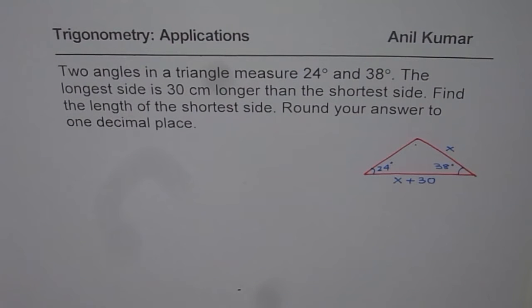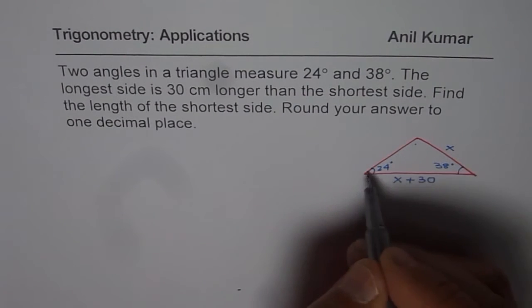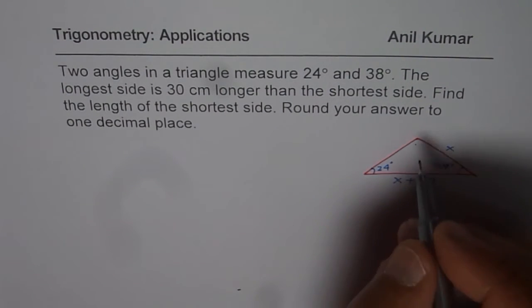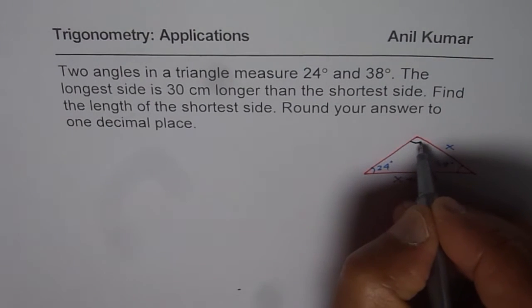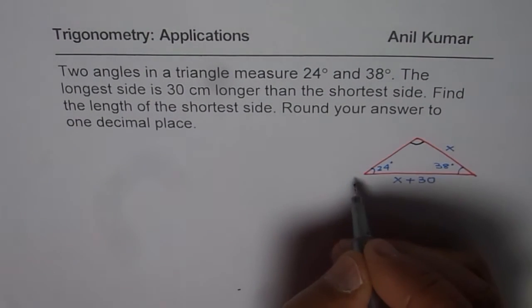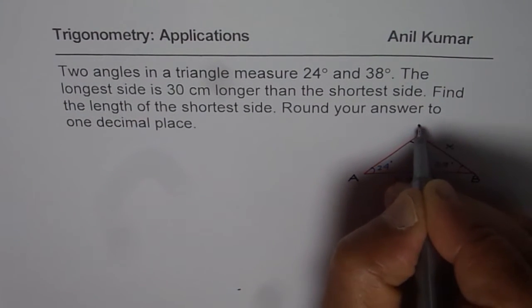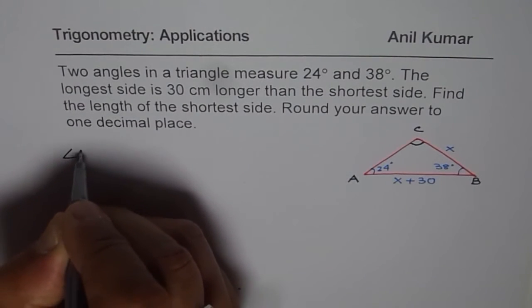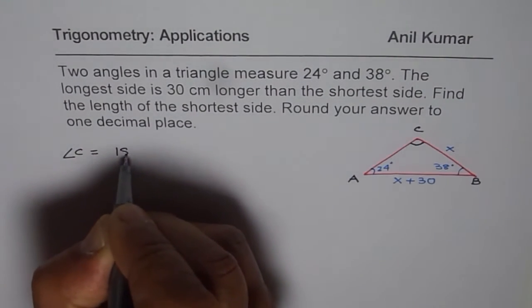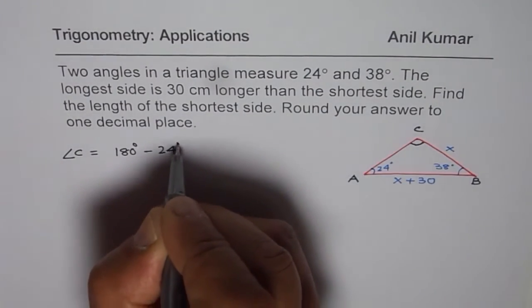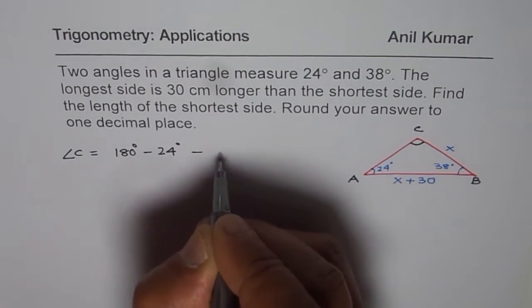Let us begin. First thing is, the sum of angles in a triangle is always 180 degrees. So how much is this angle? Let's label the vertices A, B and C. So angle C equals 180 degrees, take away 24 degrees, take away 38 degrees.